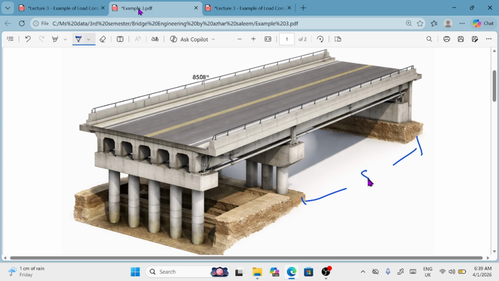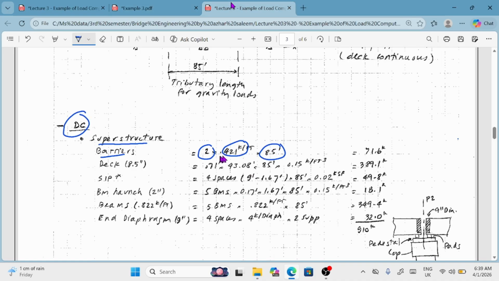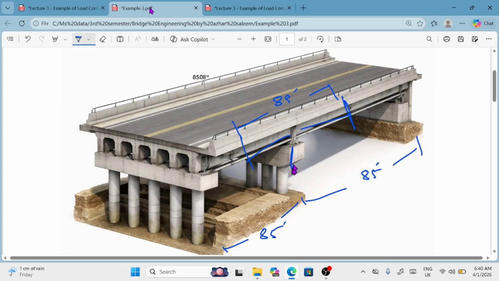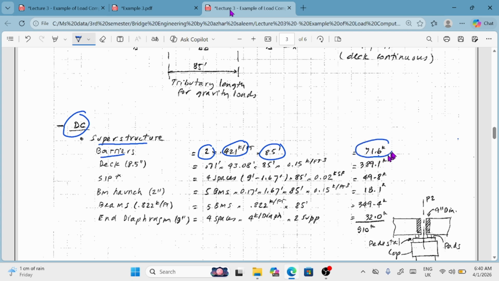This is also 85 and from here to here is 85, which is given in the question. So if I take its tributary length, half will be this length and half will be this length. This whole tributary length will be 85 feet. So the barrier weight on this pier will be this 71.6 kip.